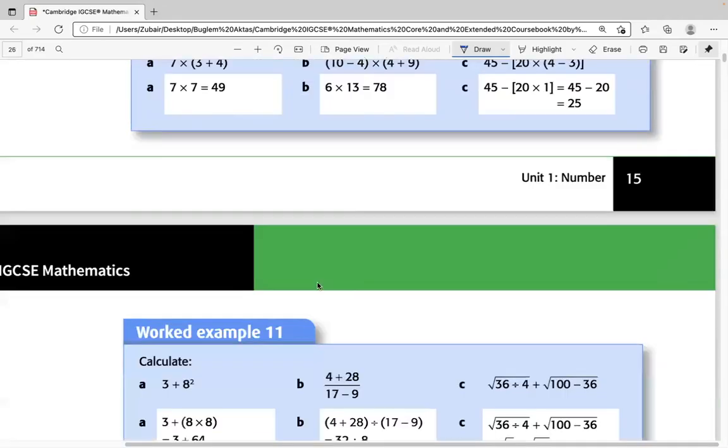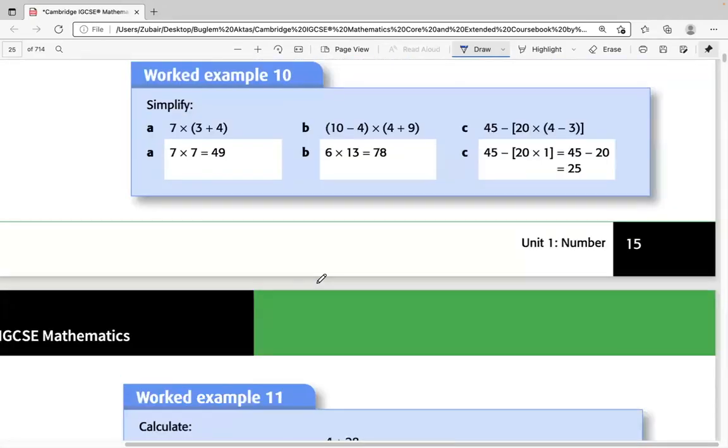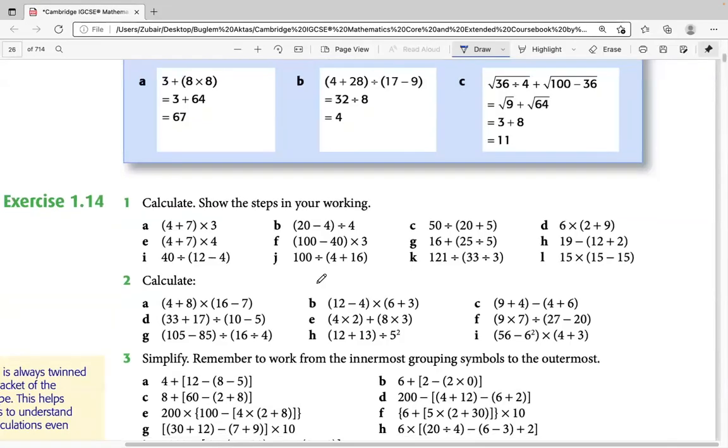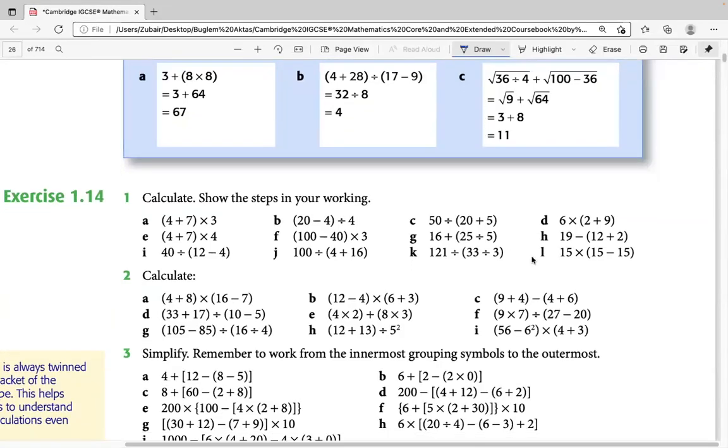Okay, let's try some harder questions. When brackets are there, we have no issues. What is the answer to this last part, part L? It would be 0. Very good. And H? H would be 3.